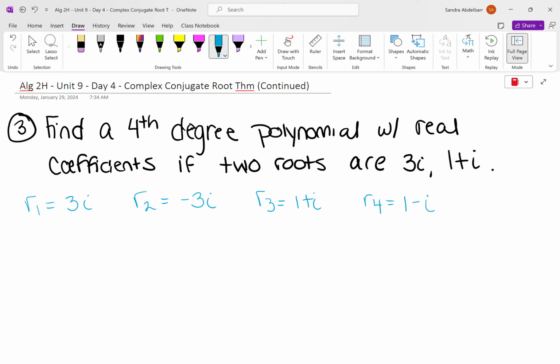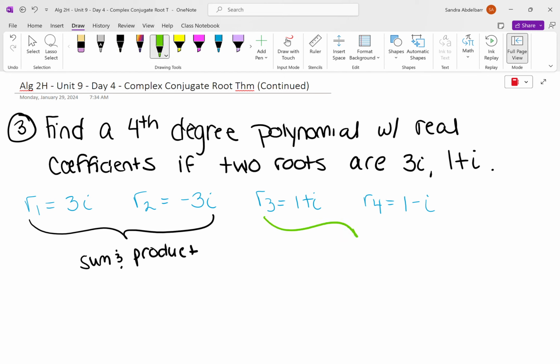So what I'm going to do is use sum and product to find the quadratic that gave me 2 roots at a time, and I'm going to use sum and product twice. I'll take these first 2 roots and find the quadratic that gave me them.